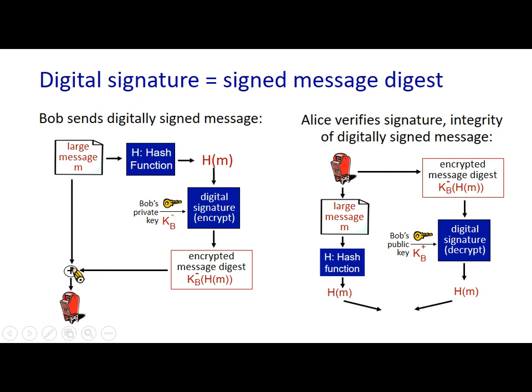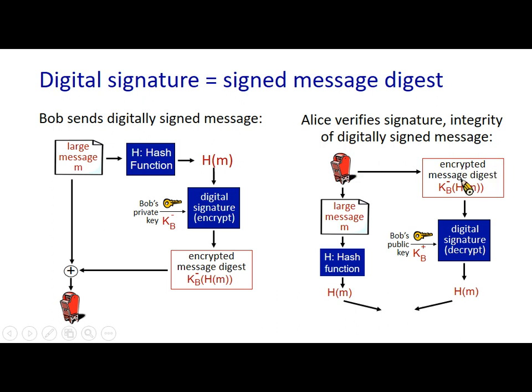So the large message is passed along with this encrypted message digest, the hash function with the private key applied, and we send it over. Then Alice verifies the signature and the integrity of the digitally signed message, from the two paths.